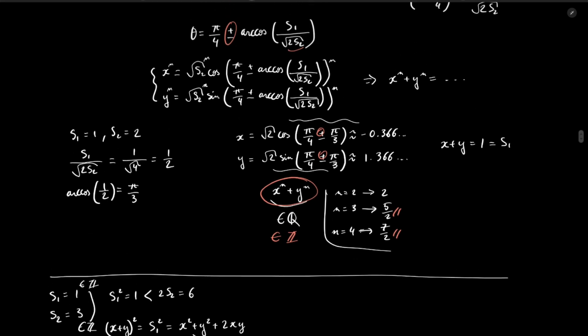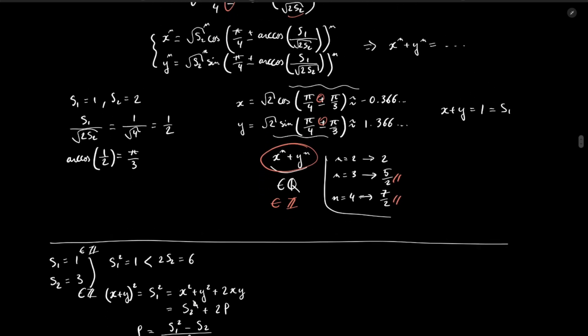Using the formula above, we can write that x is equal to the square root of 3 times cosine of pi over 4, let's say that we choose plus, arc cosine of s1 divided by the square root of 2 s2. So this ratio is equal to 1 divided by the square root of 6.